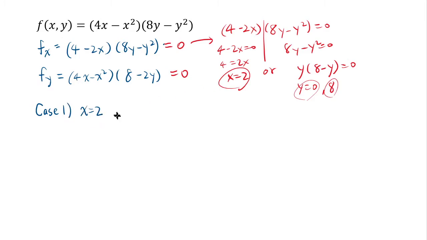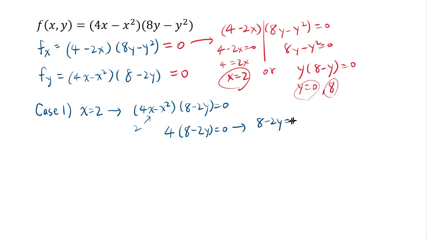If x is 2, then in the second equation, when I insist that (4x - x²)(8 - 2y) has to be 0, because I'm plugging in 2 in here, 2 times 4 is 8, minus 4, that's going to be 4, times (8 - 2y) equals 0, but that just means that 8 - 2y is 0, which is 0 when y is 4, right? So you end up with (2, 4) as a critical point.